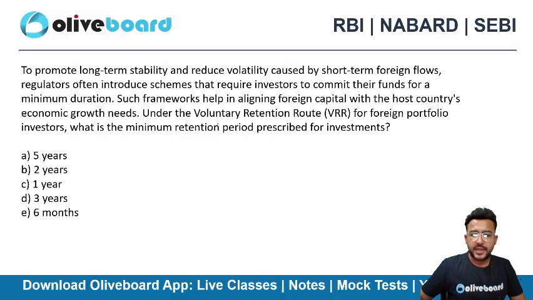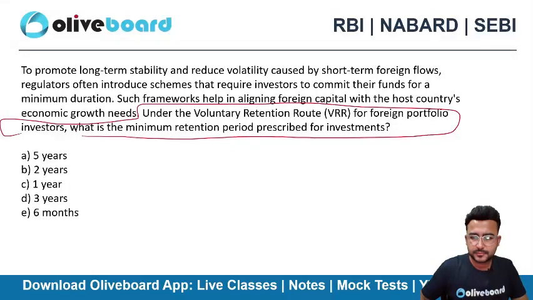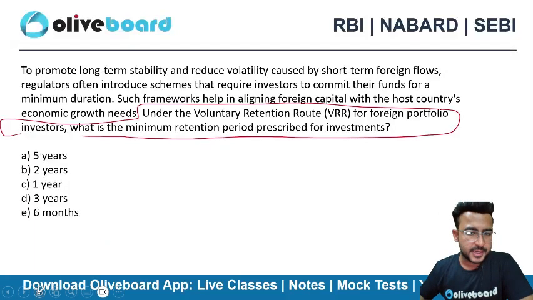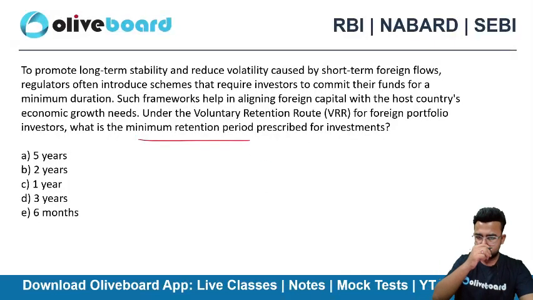Next is, under the voluntary retention route for foreign portfolio investors, what is the minimum retention period prescribed? Under the VRR route of foreign portfolio investors, what is the minimum retention period that is prescribed for the investments?